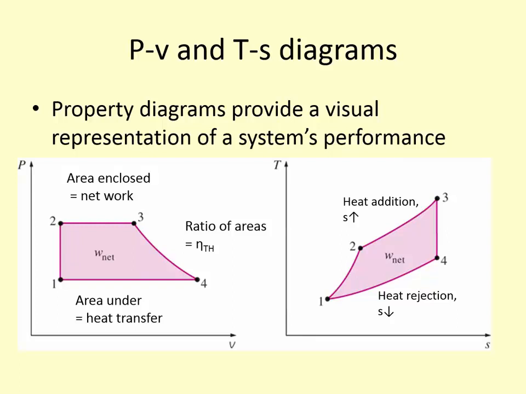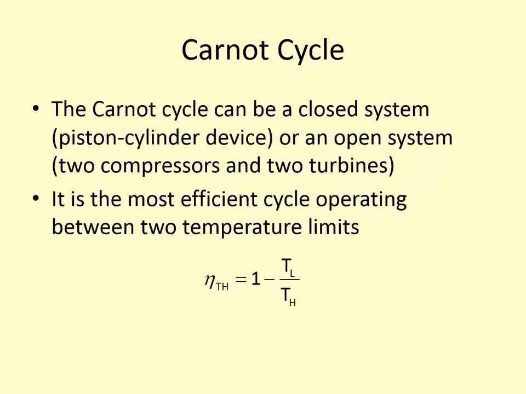What effect will those changes have on the overall net work output? In these cycles in general, we're looking for a larger net work output because as we talk about the gas cycle, diesel cycle, Otto cycle, these are all work-producing devices. So we're seeking to maximize the area within the curve.